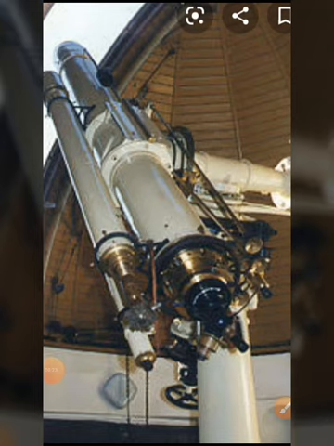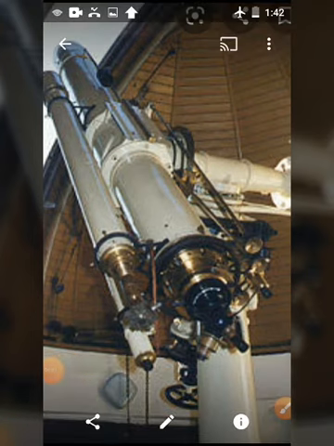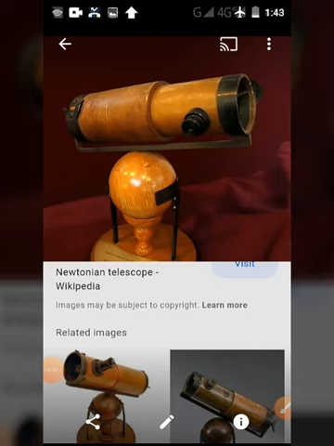This telescope is made up of lenses. This is the achromatic refractor. And this picture is the Newtonian telescope. This is a reflecting telescope type because this telescope is made up of parabolic mirrors.